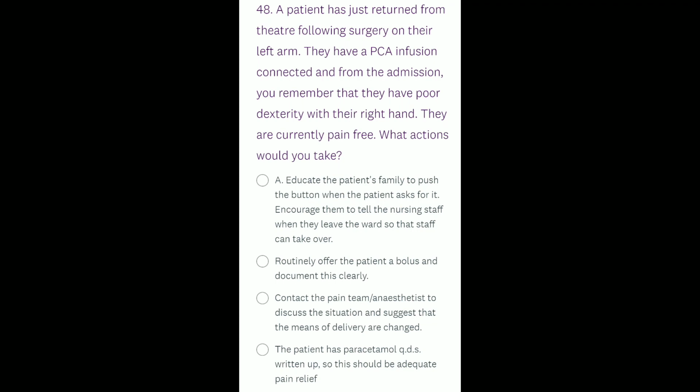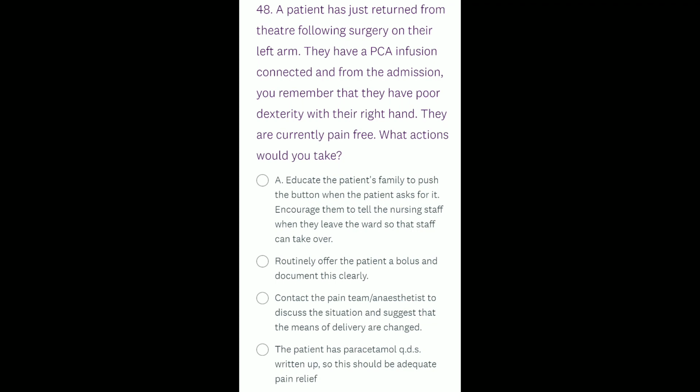Encourage them to tell the nursing staff when they leave the ward so that staff can take over. Option B, routinely offer the patient a bolus and document this clearly. Option C, contact the pain team or the anesthetist to discuss the situation and suggest that the means of delivery are changed. Option D, the patient has paracetamol QDS written up, so this should be adequate pain relief.